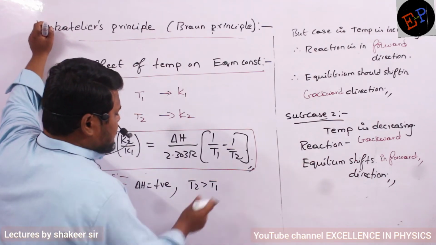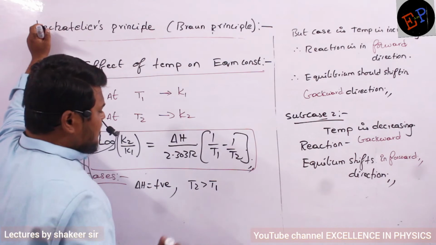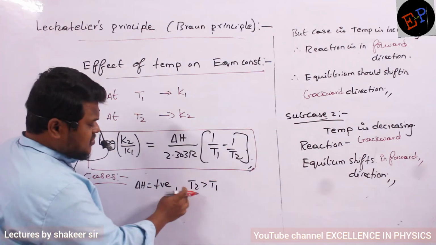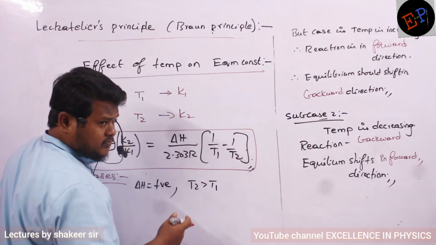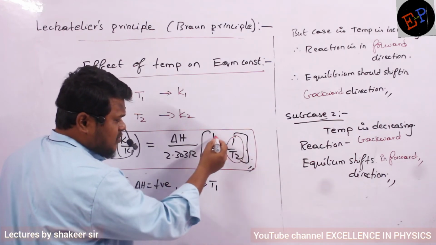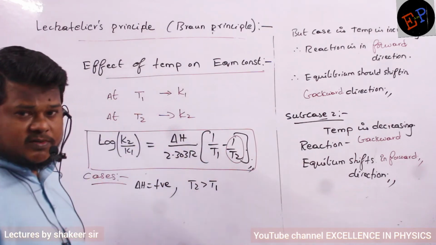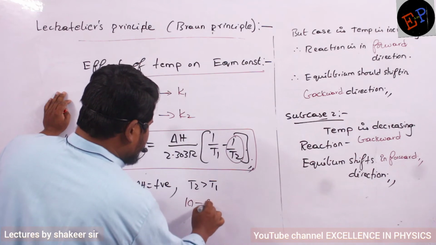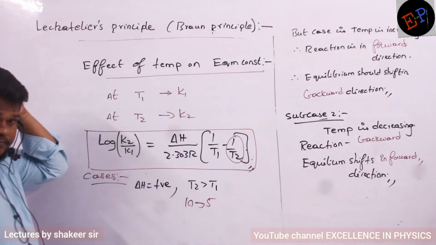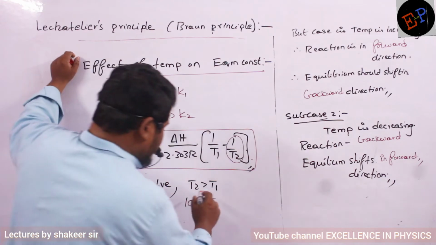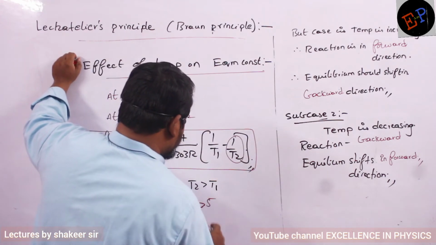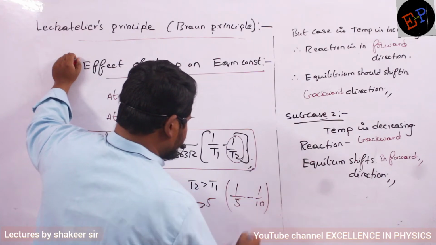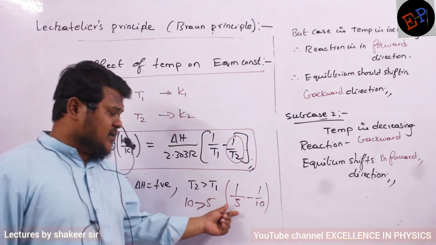See, T2 is greater, no? If T2 is bigger than T1, then what about 1 by T2? 1 by T2 will be smaller than 1 by T1 because we are taking reciprocals. Are you able to understand? For example, 10 is greater than 5. Do you agree? Then what about 1 by 5 minus 1 by 10? 1 by 5 is bigger when compared to 1 by 10.